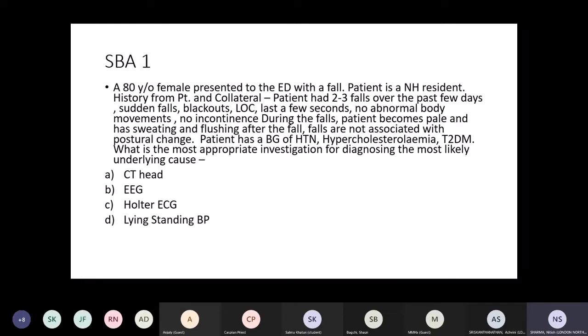Ash, would you mind just rechecking the QR code? Yep, I'm just doing that.